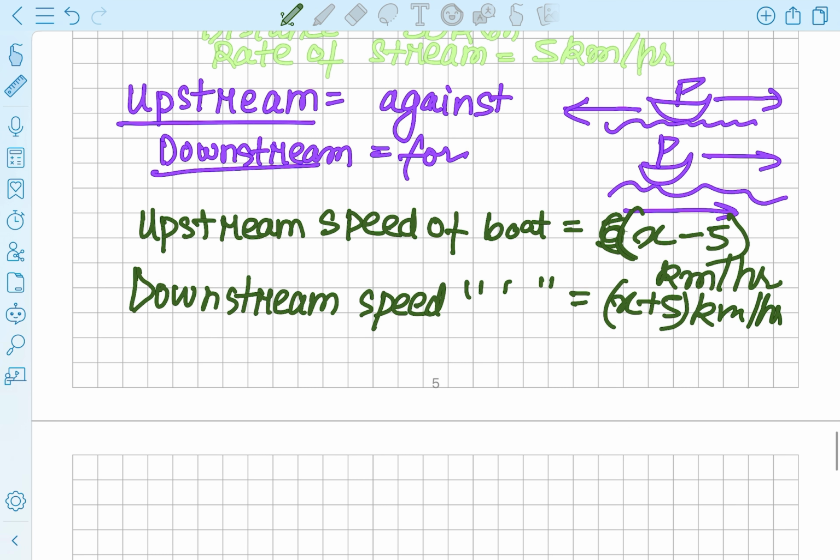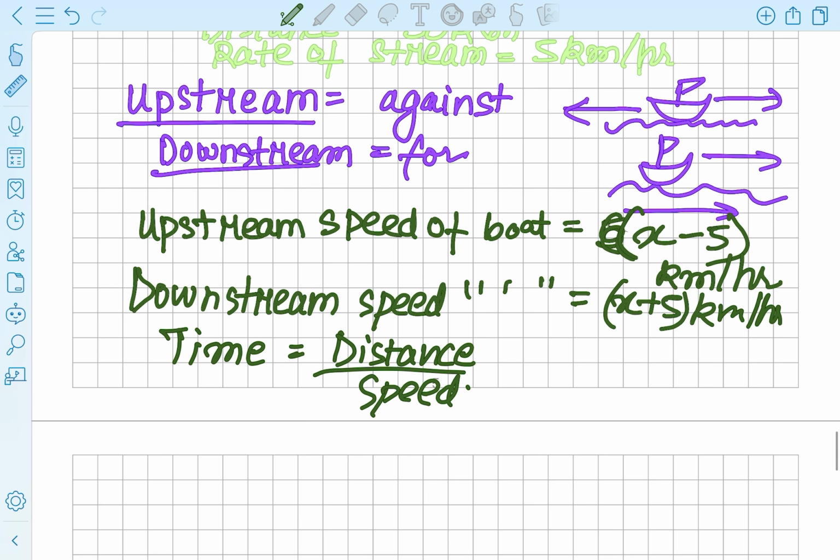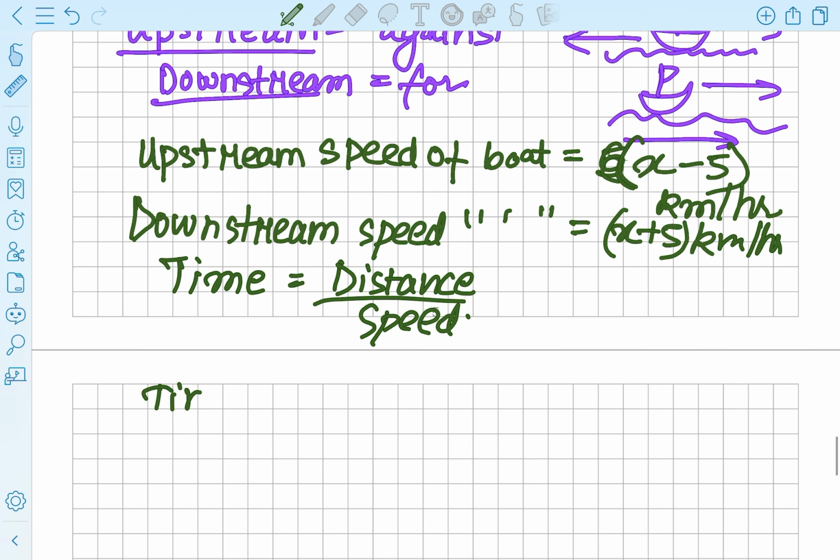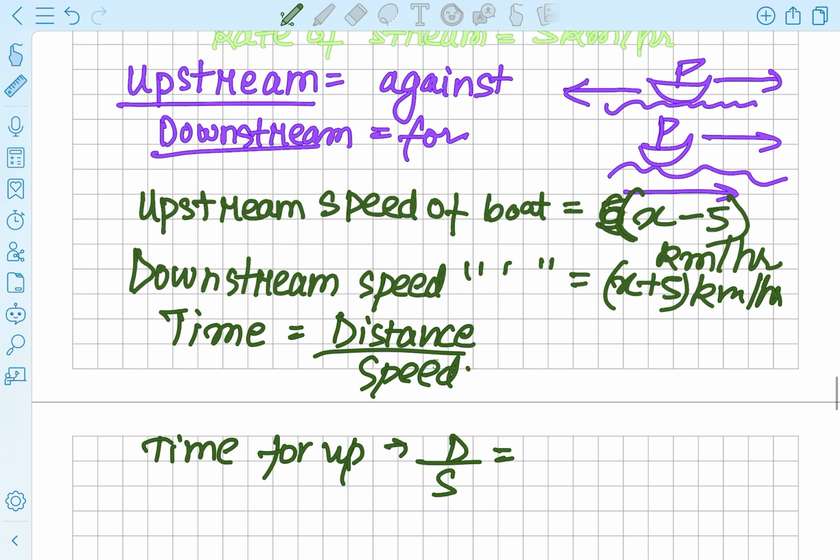Now see, the time is same. What is the formula of time? Distance by speed, right? Now let me tell you, the time for upstream will be distance by speed.